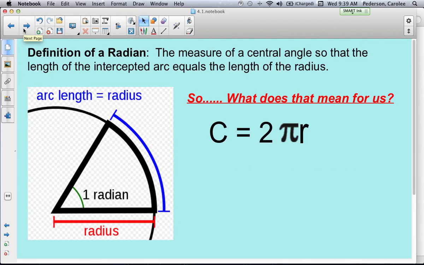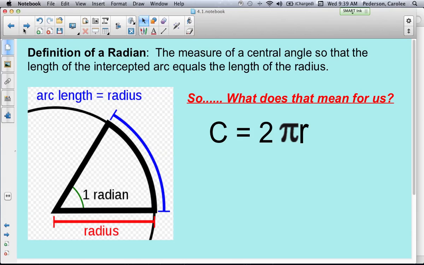Alright, this first slide, you don't need to write it down. The definition of a radian is the measure of a central angle so that the length of the intersected arc equals the length of the radius. So we introduced arcs in geometry where we have a circle equals 2 pi r.